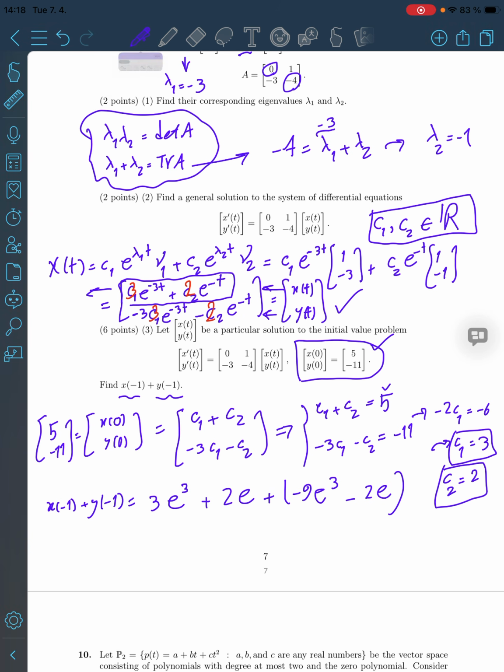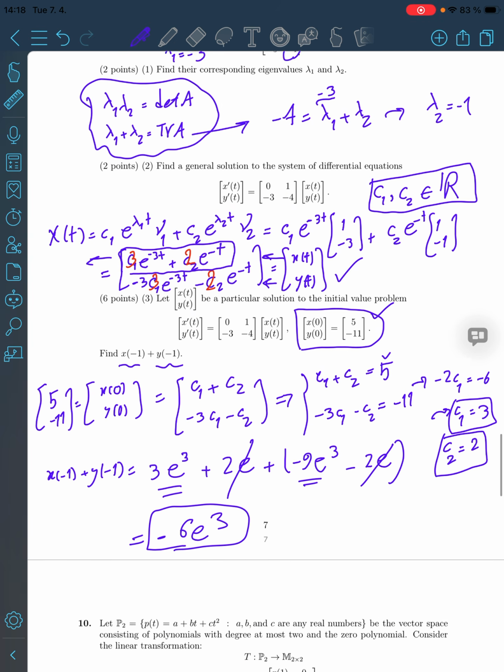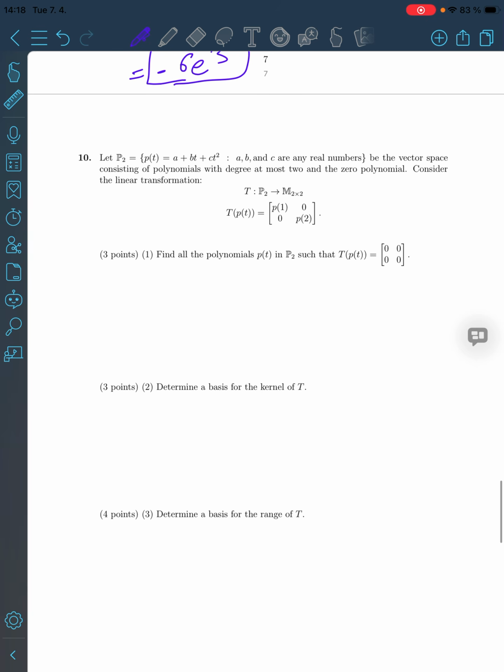As you see, this and this cancel out, this one and this one cancel out, and then you have -6e^3, and this is your final solution. So we are done with question number 9, and let's move on to question number 10, which is the last question.